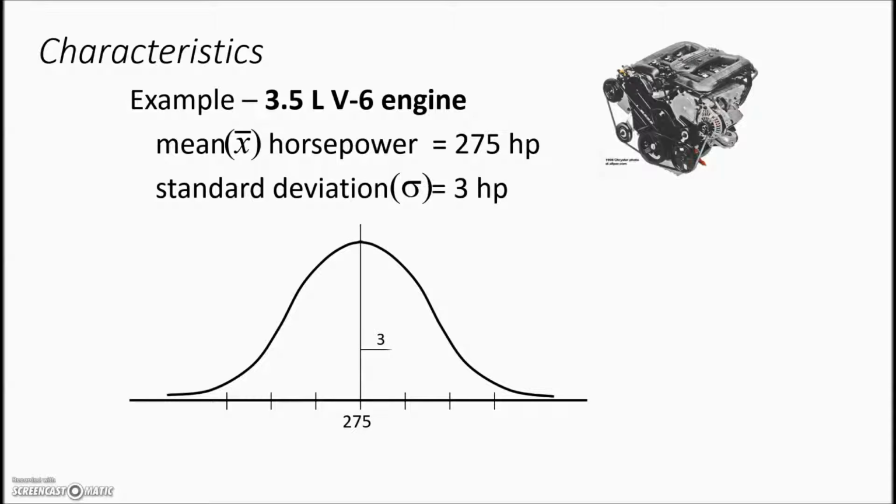We're going to add 3 and subtract 3 from the mean, and that means 68% of the engines, since they are one standard deviation above and below the mean, range from 272 to 278 horsepower.